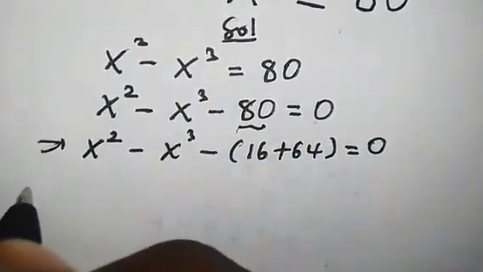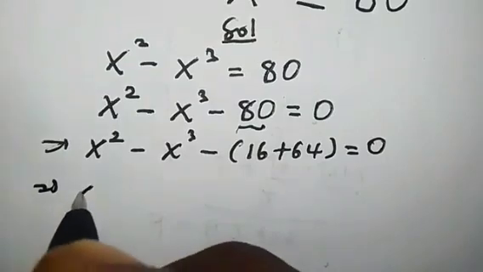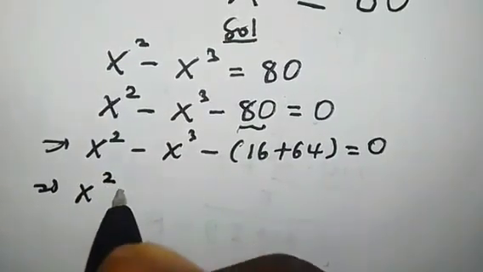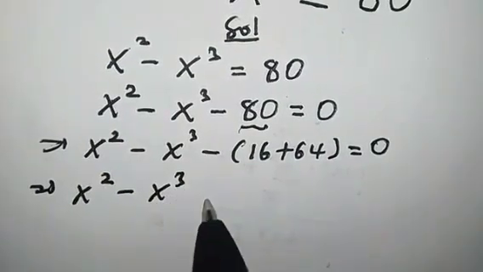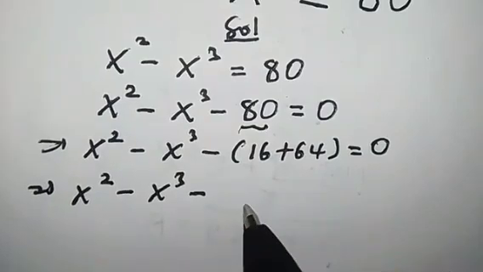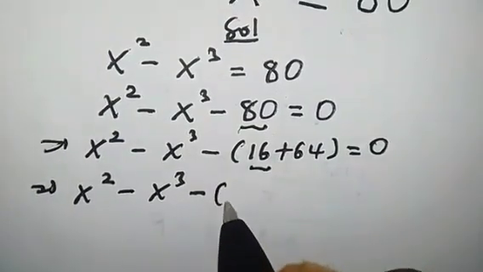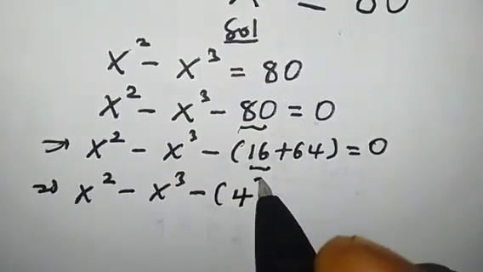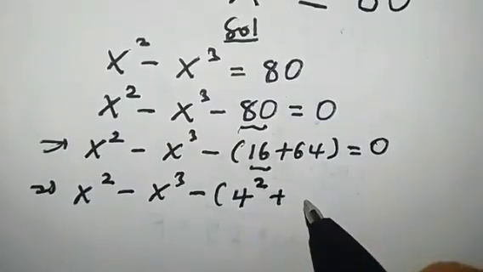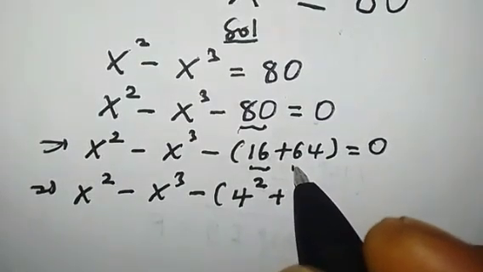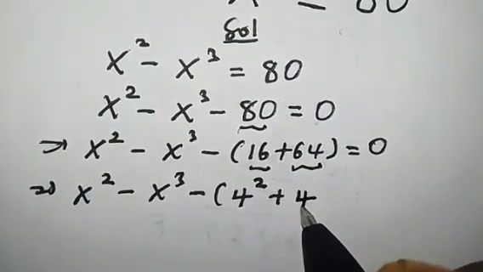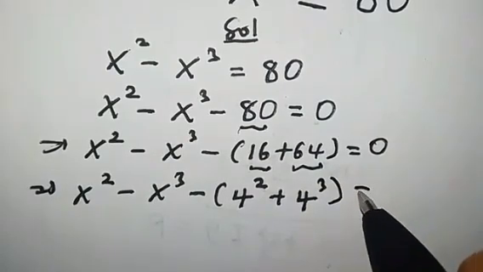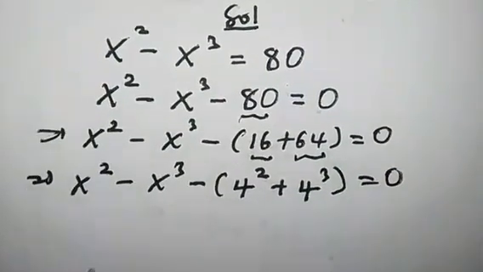Let's continue. This means that x to the power of 2 minus x to the power of 3 minus, 16 could be written as 4 to the power of 2, plus, we can also write 64 as 4 to the power of 3, equal to 0.